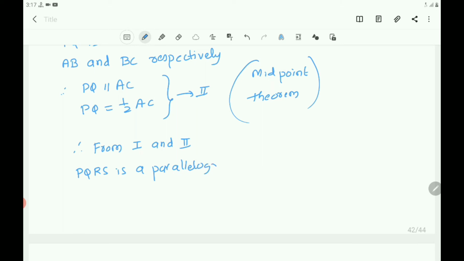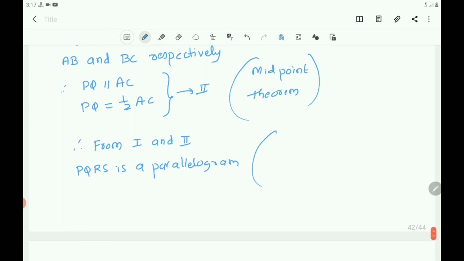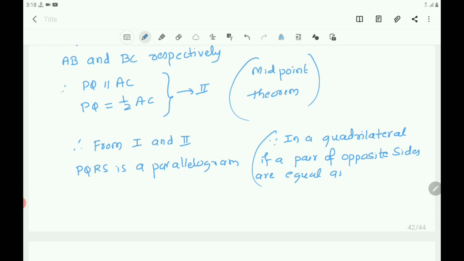Reason: in a quadrilateral, if a pair of opposite sides are equal and parallel, then it is a parallelogram.